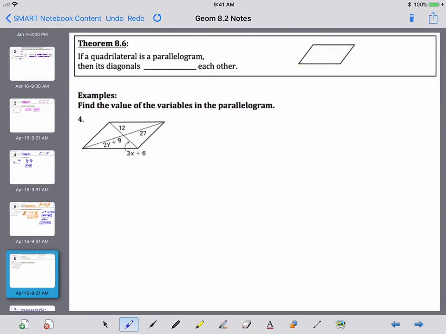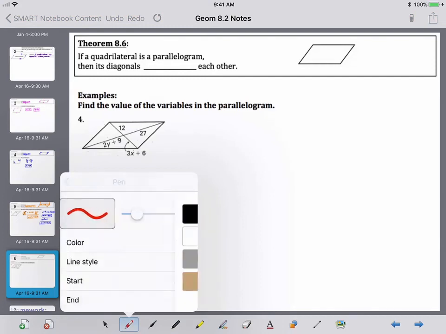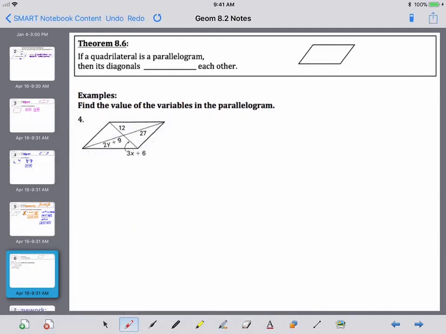All right, in our next example, we're going to use theorem 8.6, which is about the diagonals of a parallelogram. If a quadrilateral is a parallelogram, then its diagonals bisect each other.